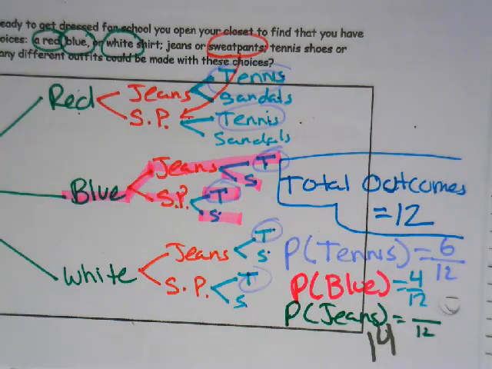Here's jeans, right? But jeans with tennies, jeans with sandals. Jeans with tennies, jeans with sandals. Jeans with tennies, jeans with sandals. So, how many ends? 1, 2, 3, 4, 5, 6.